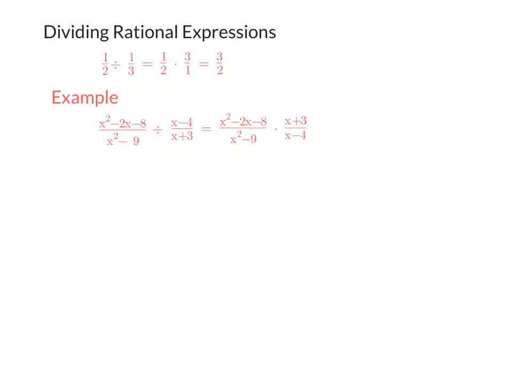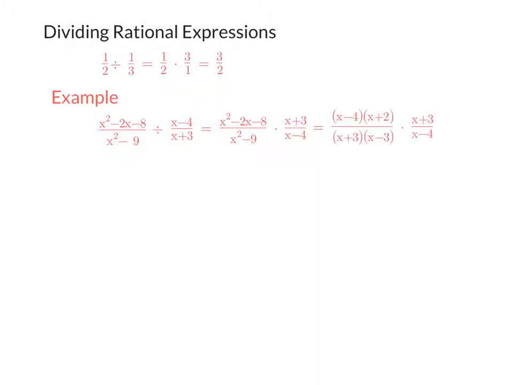We now have x squared minus 2x minus 8 over x squared minus 9 times x plus 3 over x minus 4. Now, since this is a multiplication problem, we simply follow the rules for multiplication by factoring, canceling, and multiplying.